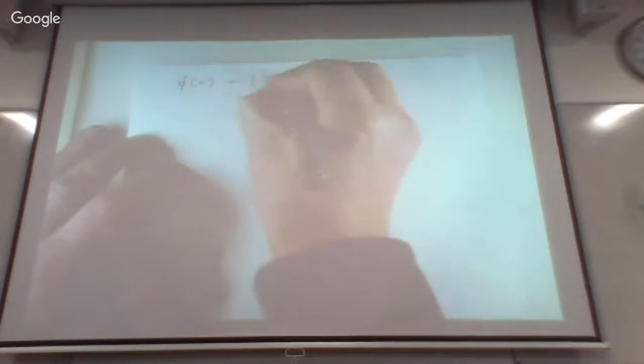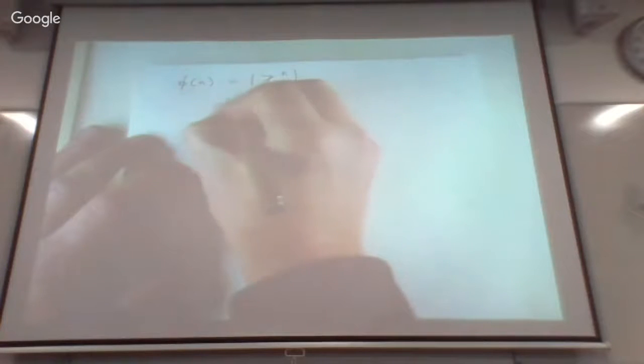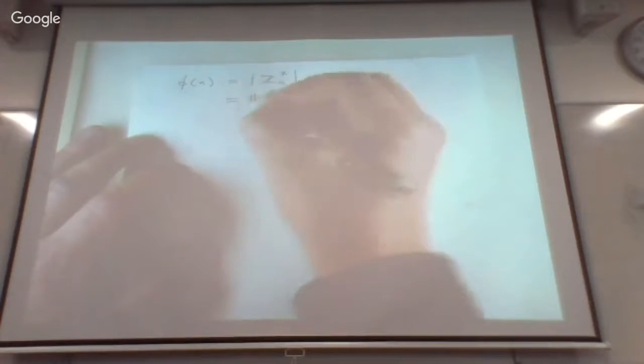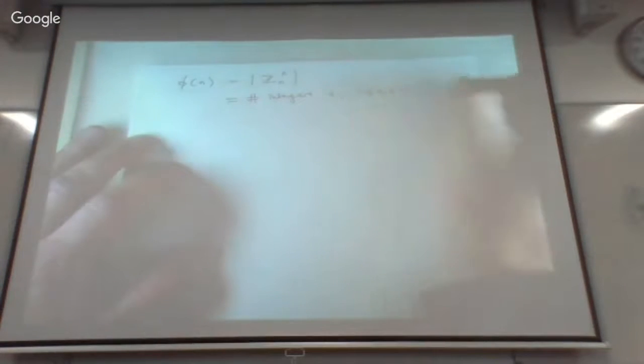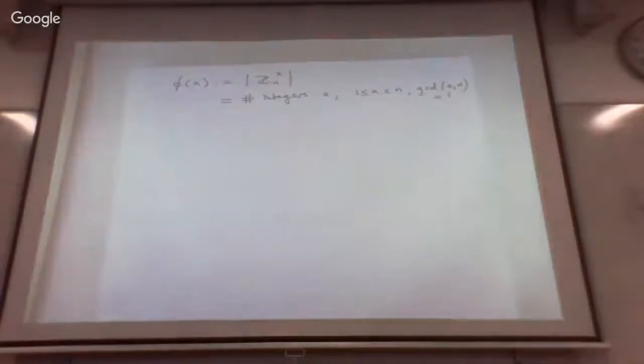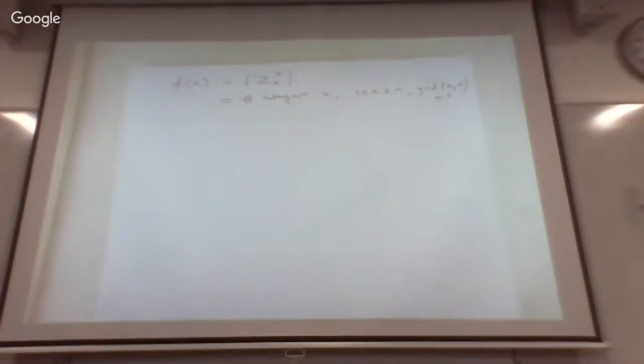So it's the Euler totient function phi of n. It's defined to be the size of Zn times, i.e. it's equal to the number of integers a in the range 1 to n, such that the GCD of a and n is equal to 1. Okay, this is our Euler totient function.